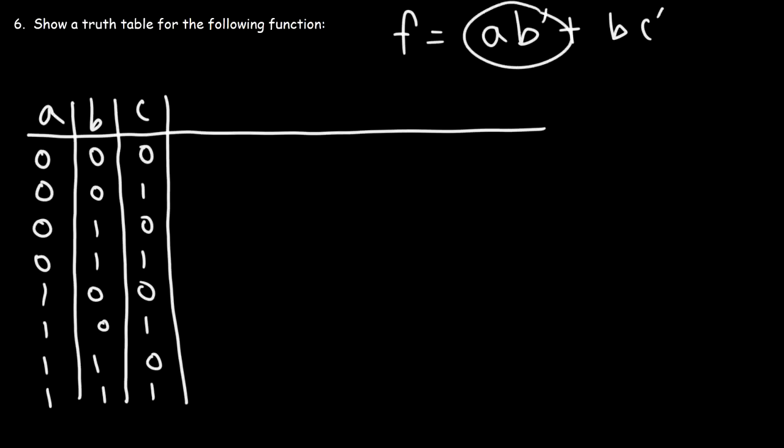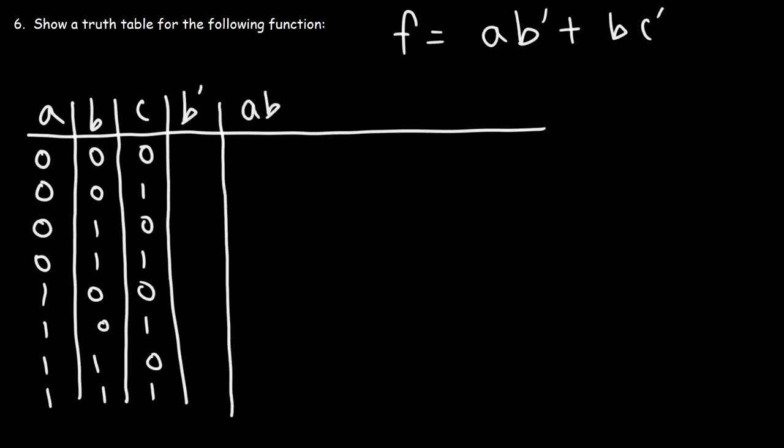Now let's focus on a, b prime. First, we need to write a column for b prime. And then we can write one for a, b prime. So the complement of b, when b is 0, b prime is 1. When b is 1, b prime is 0. Now, a, b prime.